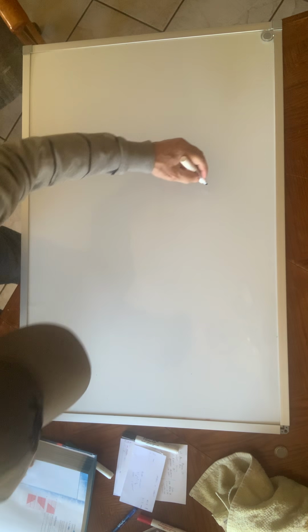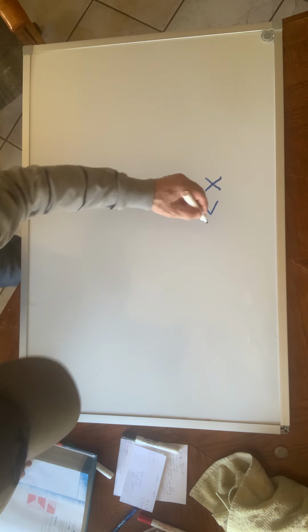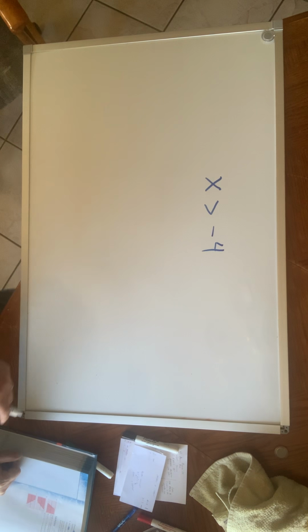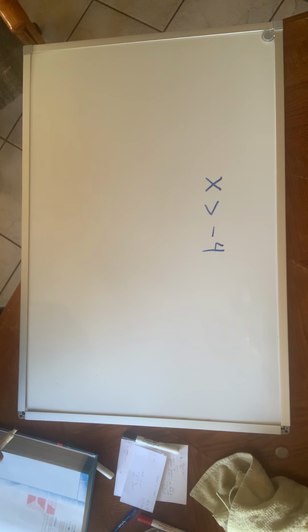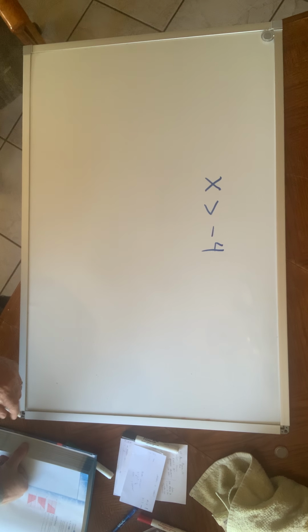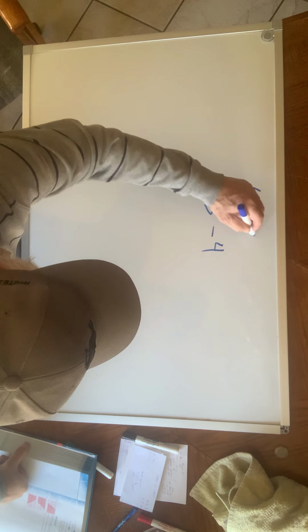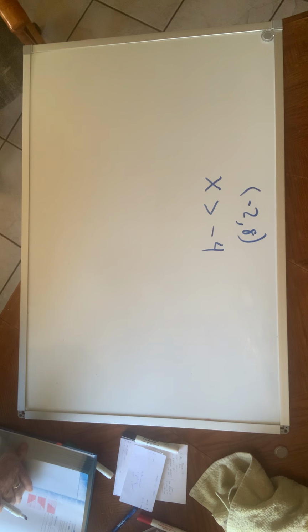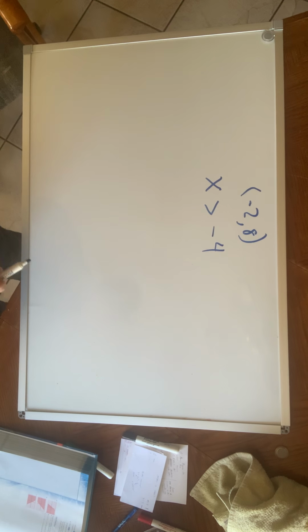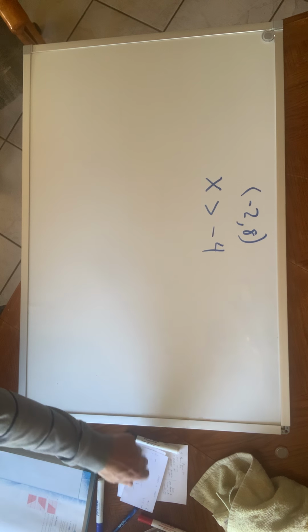All right, last one. Okay, x is greater than negative 4. This would obviously be a vertical line, but they give you negative 2, 0, right? Yep. So you plug it in and you tell me, does that work?